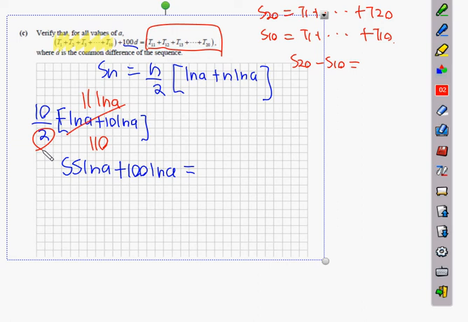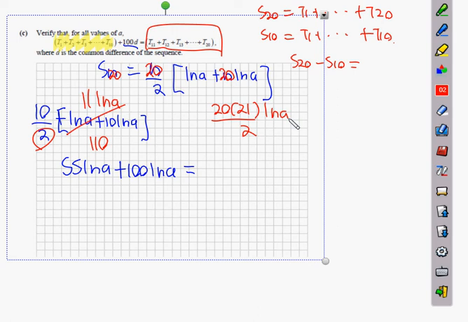Now guys, excuse me. Simon. S20, replace everything with 20s in here. So I'm going to get 20 times 21 all over 2 ln A. What is 20 times 21?